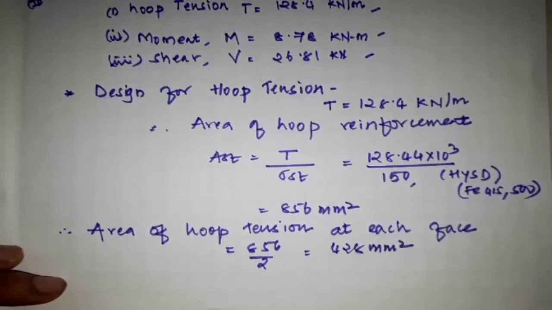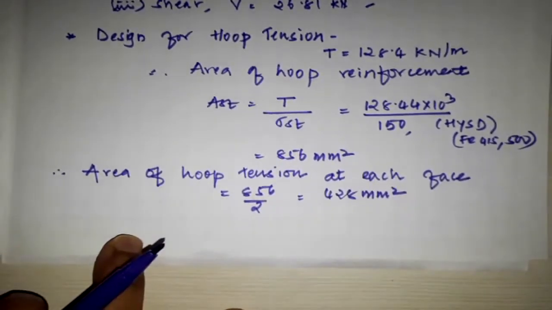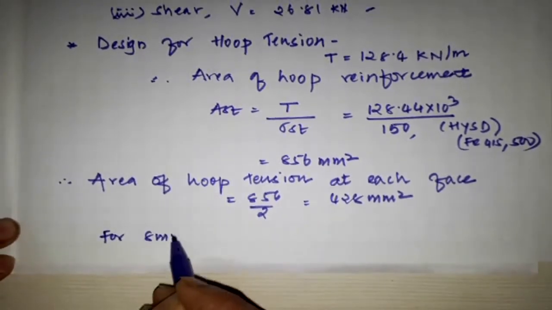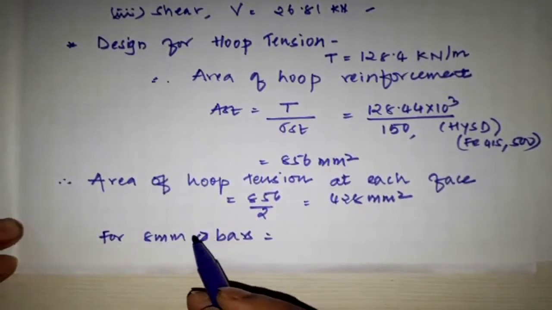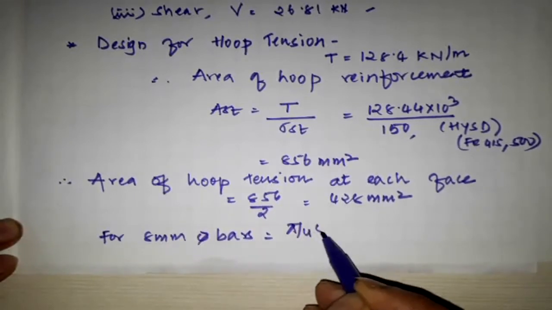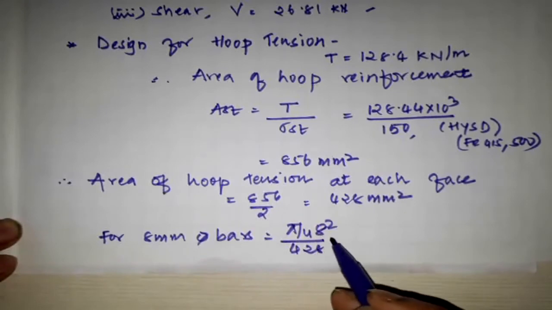By assuming 8 mm dia bars, the spacing is equal to pi by 4 into 8 square divided by 428, into 1000.